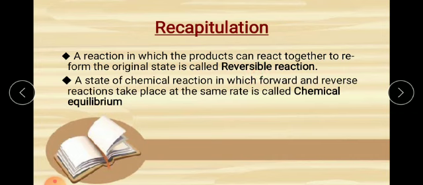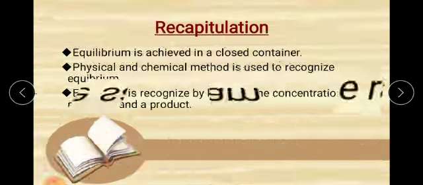And chemical equilibrium is a state of a chemical reaction in which forward and reverse reactions take place at the same rate. Forward reaction means reactant produces product, and the reverse reaction means product produces reactant.